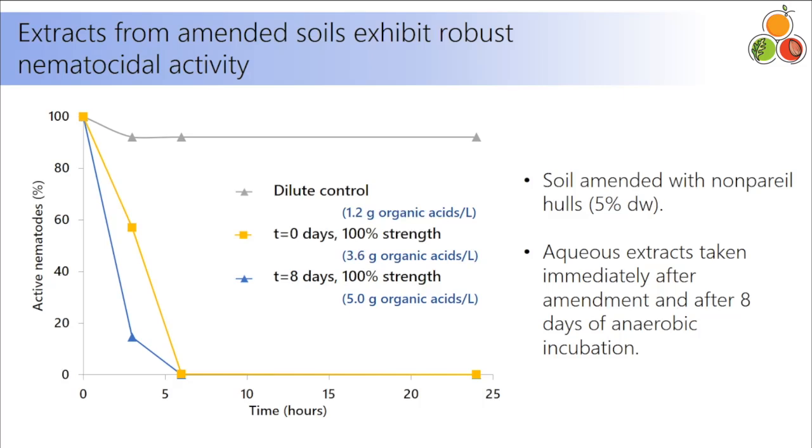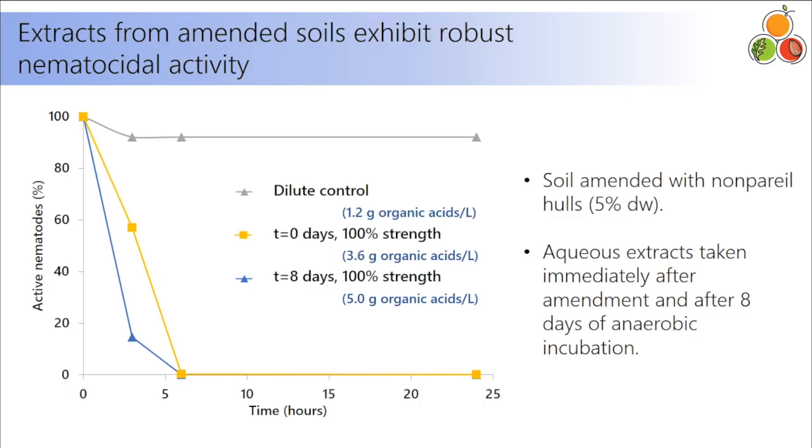This is showing extracts from biosolarized soils that contain these almond residues. What we saw is that even if you don't allow them to ferment in the soil, if you just put the hulls and shells into the soil it's immediately nematocidal. Actually, there's endogenous organic acid and flavonoid biopesticides within the hulls that act immediately.